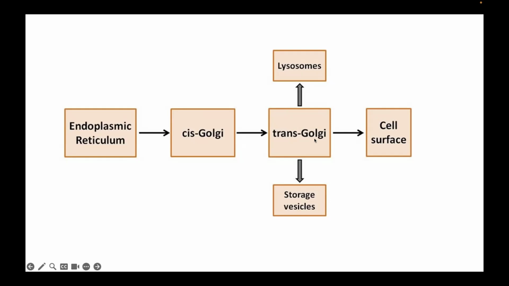Or from the Golgi, these proteins or other substances will be stored in vesicles. So the Golgi is for the processing, the packaging, okay, the sorting of proteins. So if this was a company, an industry, the Golgi apparatus is like the assembly line. It's the assembly and distribution line of a company.